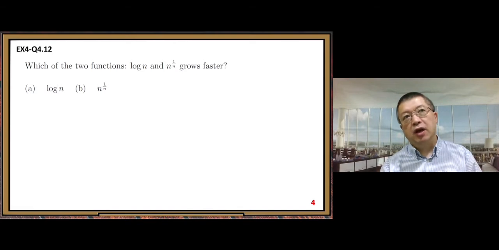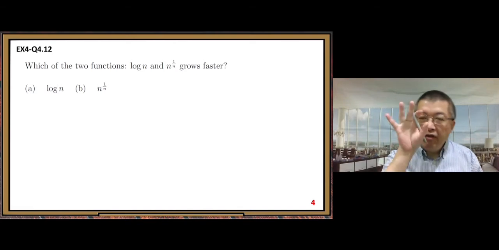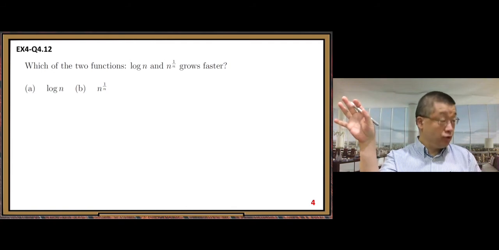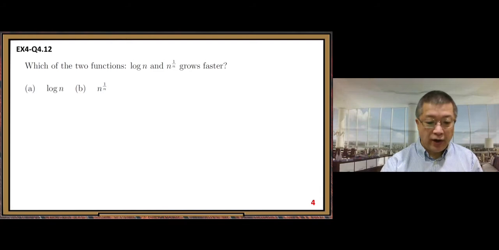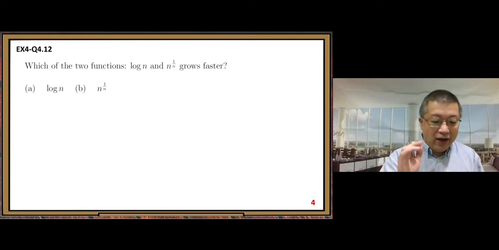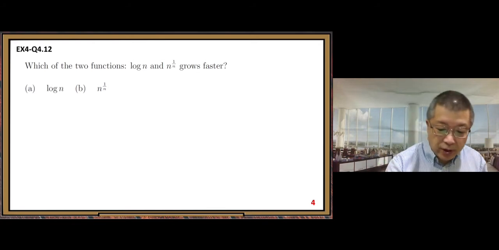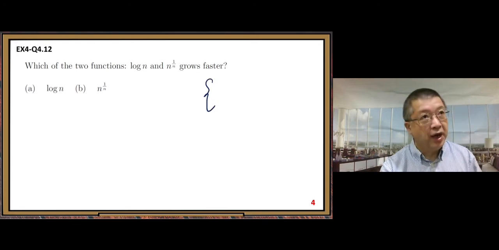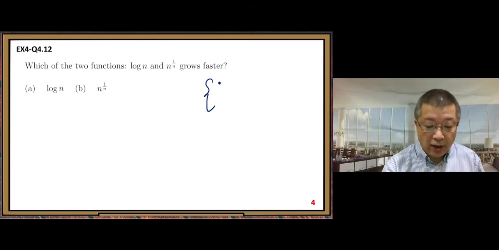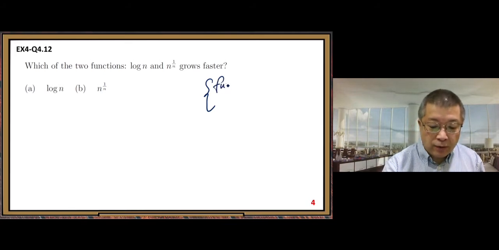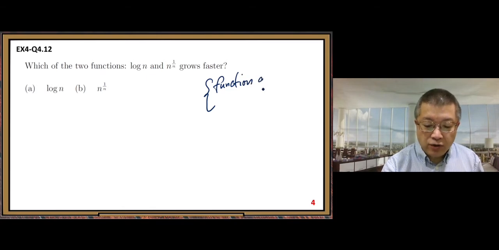Grows faster means the function is larger, right? Be careful. Here we need to distinguish these two cases. It's very easy to get confused.